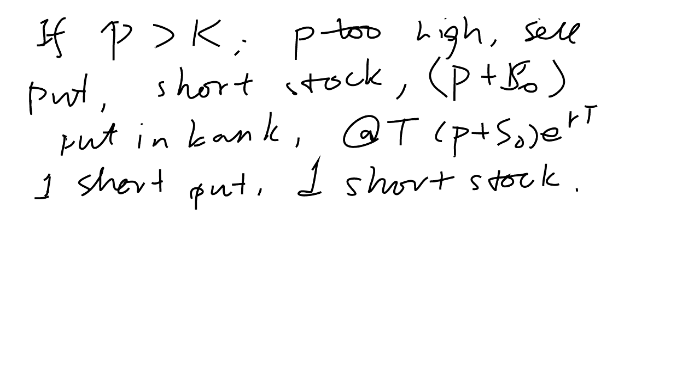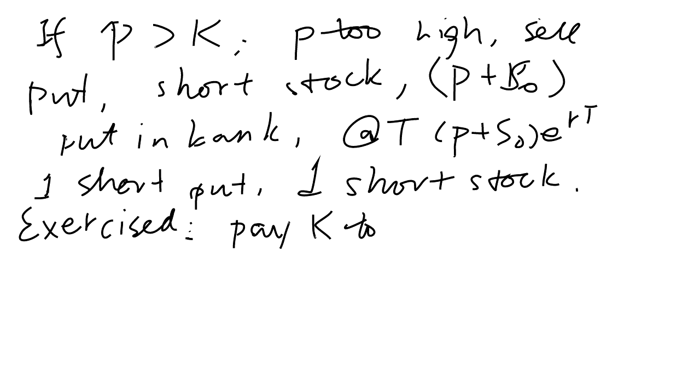And if your short put was exercised by your counterparty, which means your counterparty chose to sell one share of stock to you at the strike price, then you pay the strike price to buy. You're actually obliged to buy the stock.